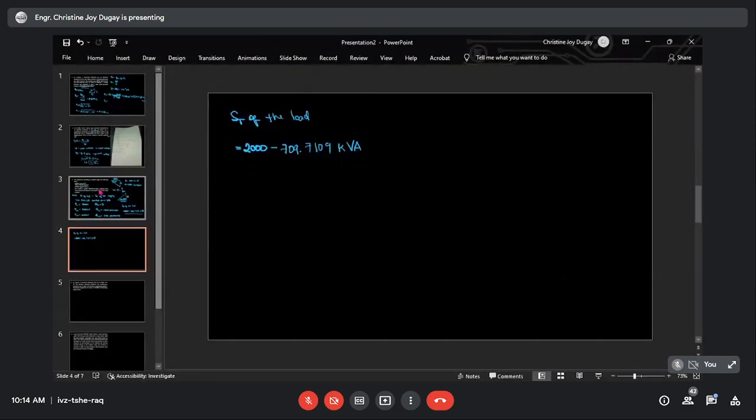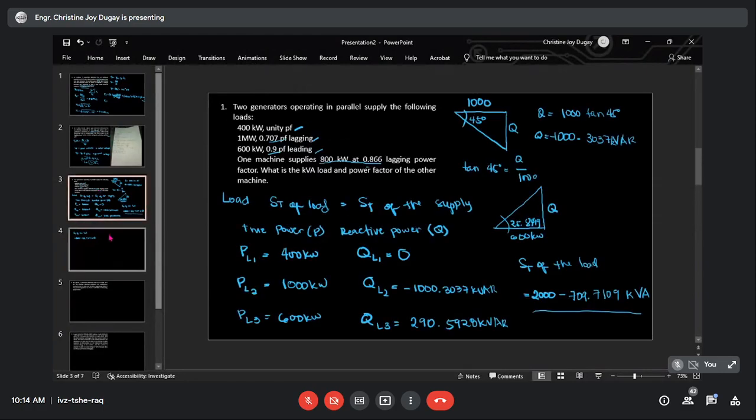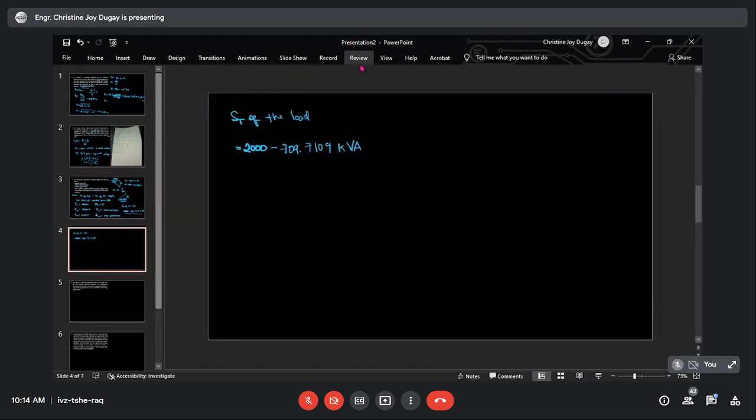Okay, so one generator, it says, is equal to 800 kilowatt at 0.866 lagging PF. So if you take S, we already have the S total of the load.